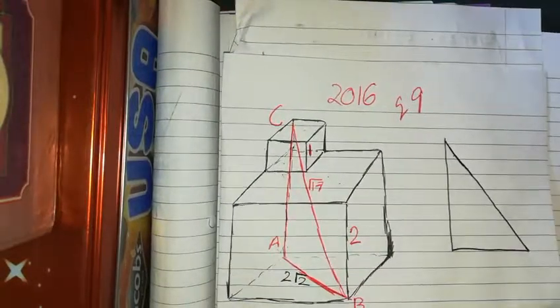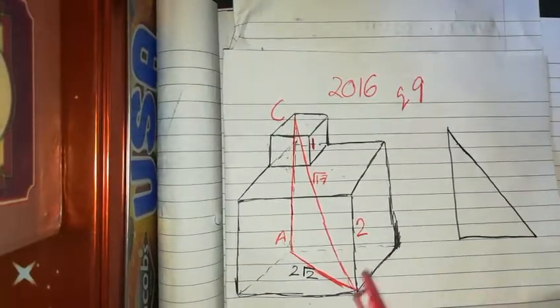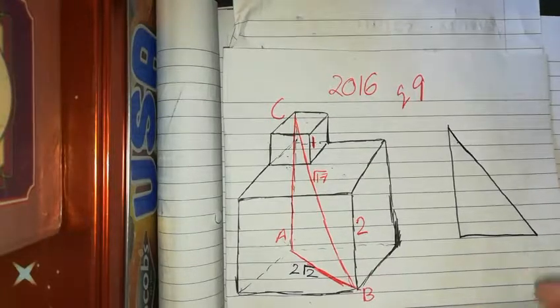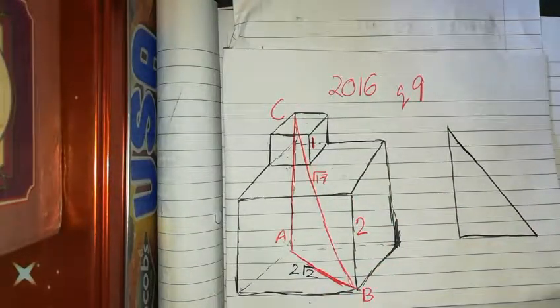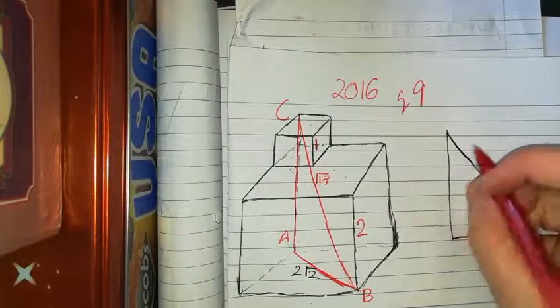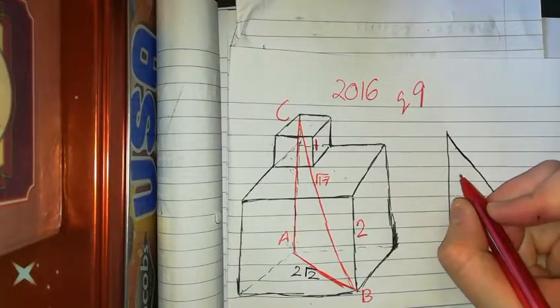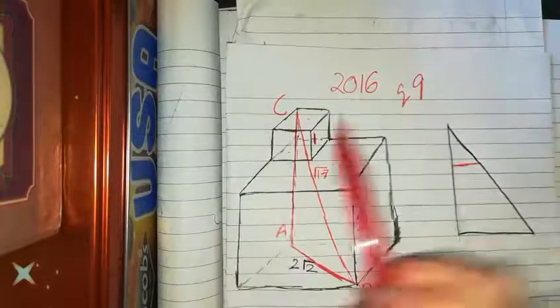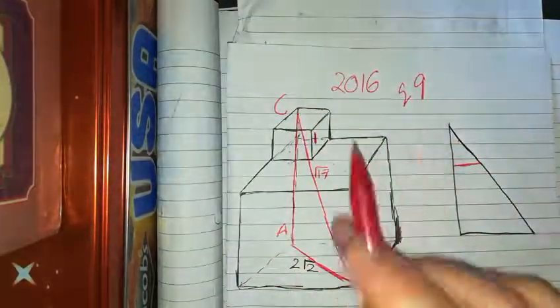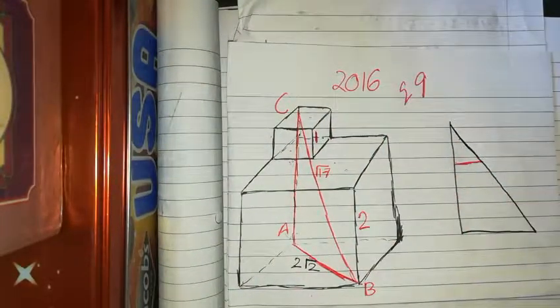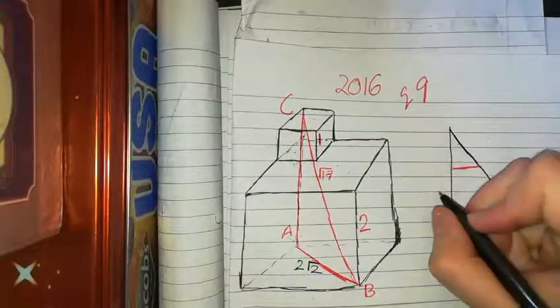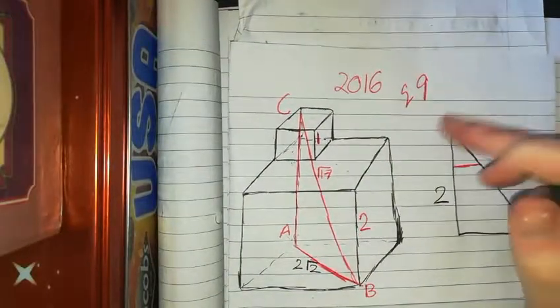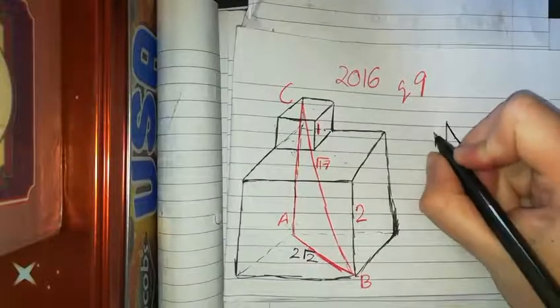And we want to figure out the part of BC that is inside the larger cube. So say I draw a cut off where it cuts into the smaller cube. I know that the length up to the larger cube is 2, and the rest of it is 1.